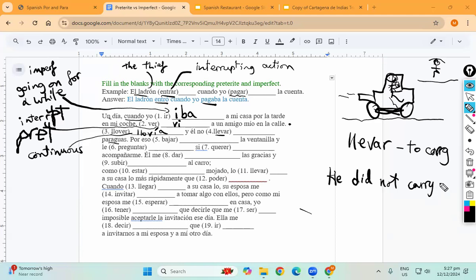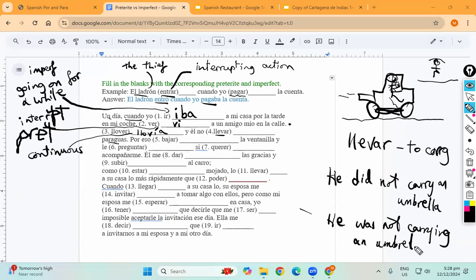You're looking at your friend, right? Or would we say he was not carrying an umbrella? What is the difference between these two? The first one is like saying he didn't pick it up when he left home. But really, when we see a friend on the road, what we're going to think is he was not carrying an umbrella. So we are still going to use imperfect.